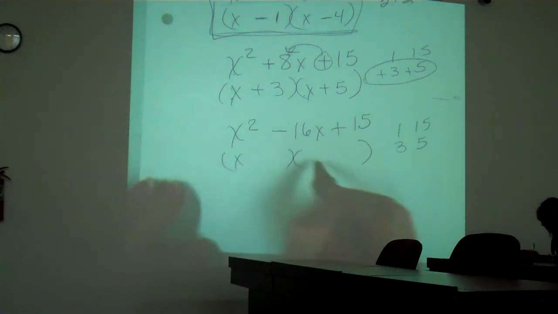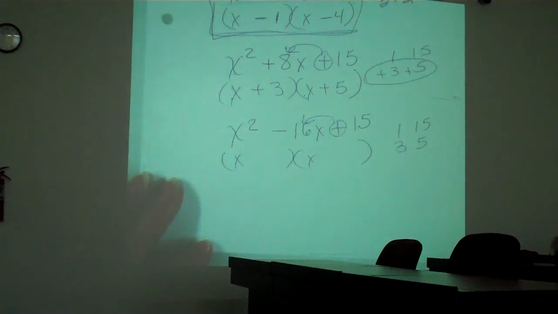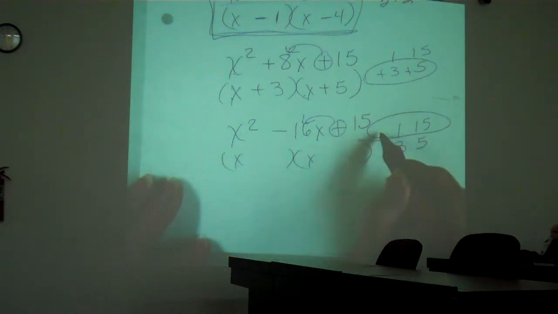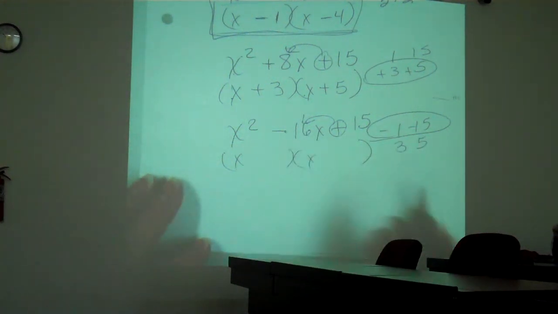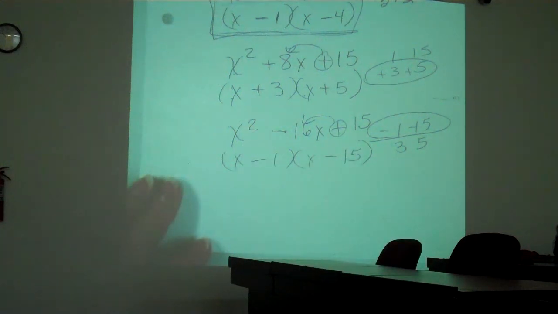X. Okay, they need to add to give you 16. So which ones did you use? 1 and 15, are they positive? They're both negative because it needs to be a negative 16. So minus 1 and minus 15. How many people got that? A few more. Good.